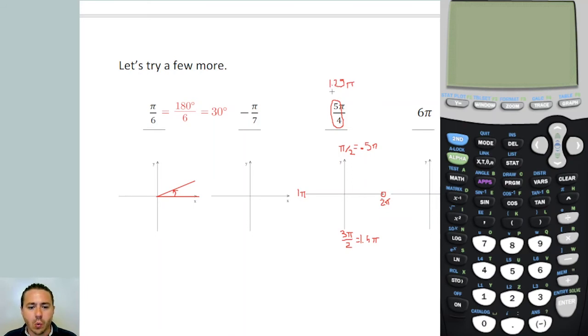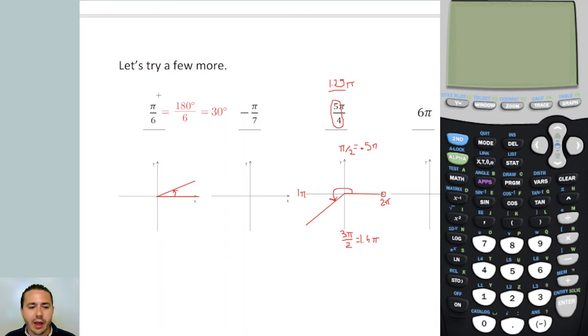This is bigger than 1, so it's going to be more than 1, but it's less than 1.5. In fact, 1.25 is exactly halfway between 1 and 1.5, so I know my terminal side is going to be right here. If you had converted to degrees, you would have found it's in the same place. So sometimes it's easier to look at those decimals.